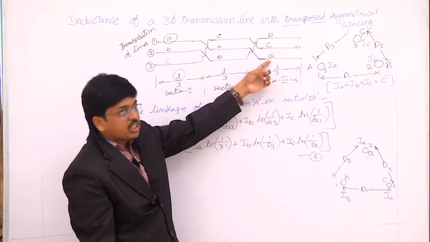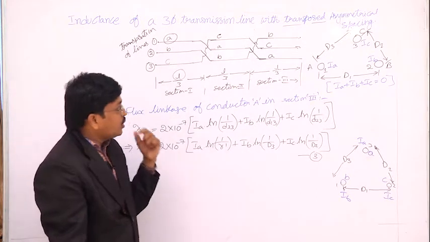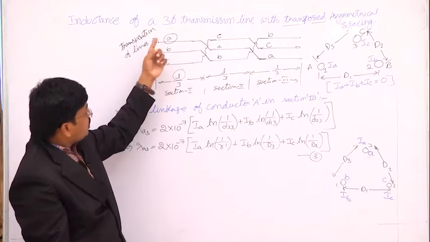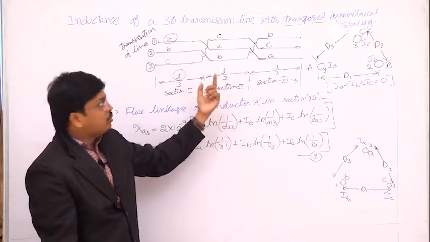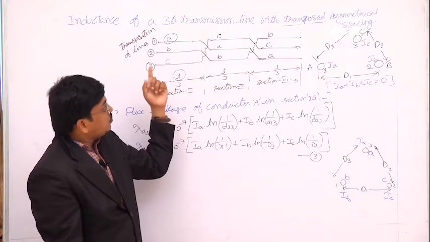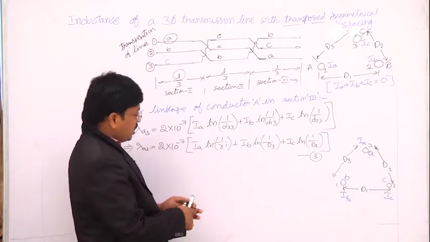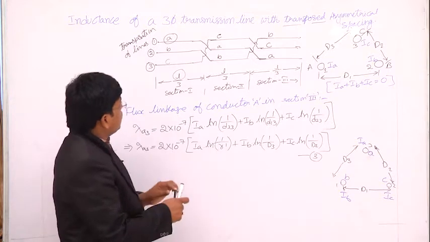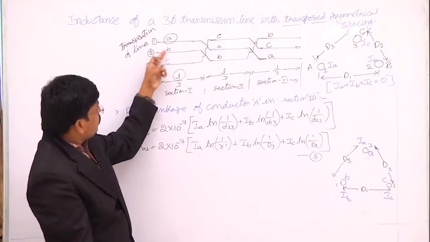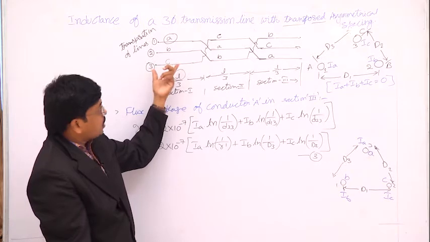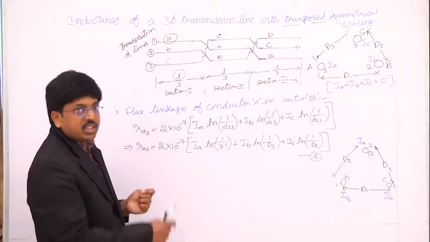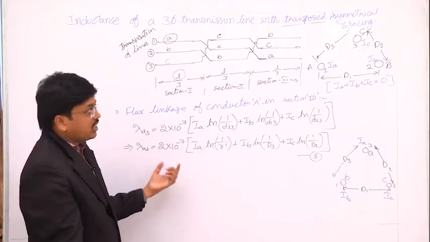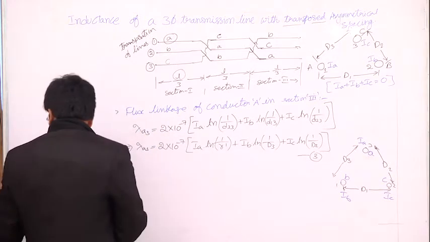Since I have assumed the flux linkages of conductor A in all these 3 positions are different values, I have to take the average of these flux linkages, since each and every transmission line occupies the L by 3 value. So I have taken the total flux linkage of conductor A as the average of these 3 flux linkages with respect to positions.